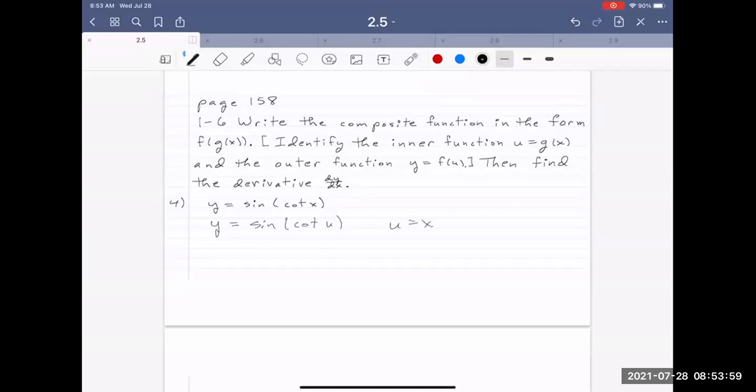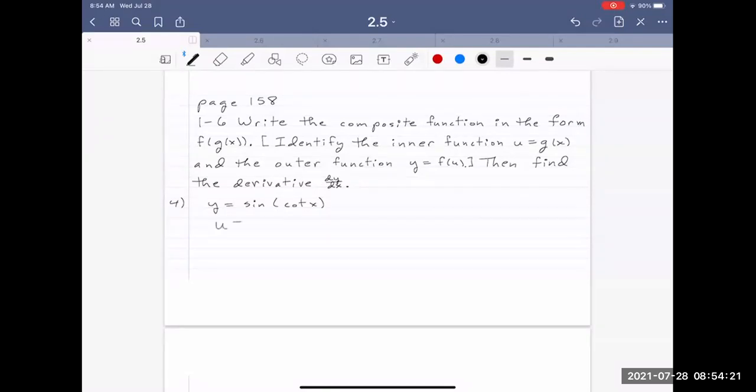So you could always do something like that, but don't do that. So yes, you could just substitute in for u, x, and it gives you the original function, but we don't want to do that because that's not going to help us to take the derivative. What you want is the following.